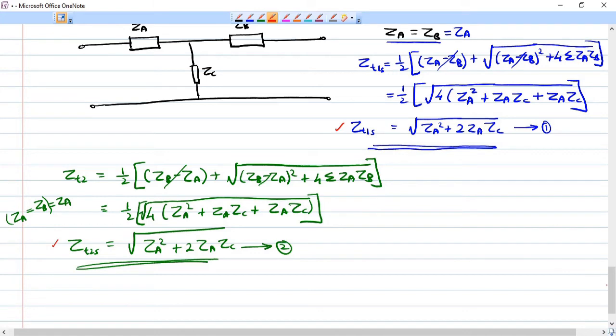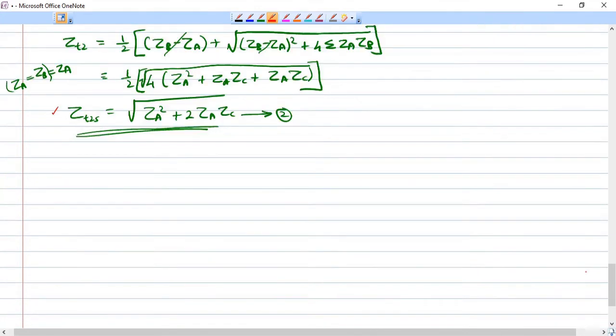Now what happens to the image impedance? So for image impedance we have the expression ZI1 is equal to square root of ZA plus ZC divided by ZB plus ZC into sigma ZA ZB.